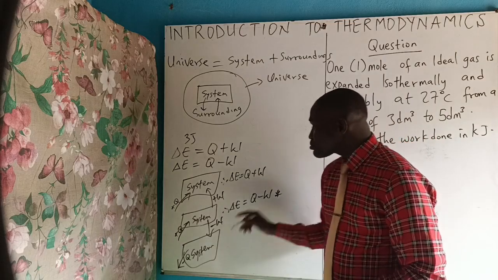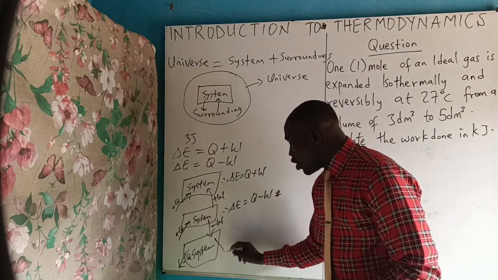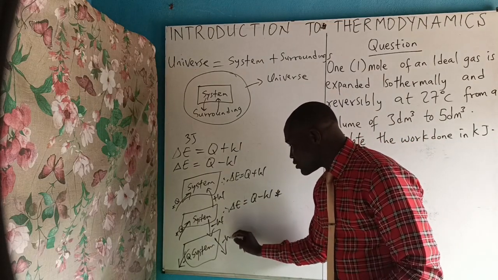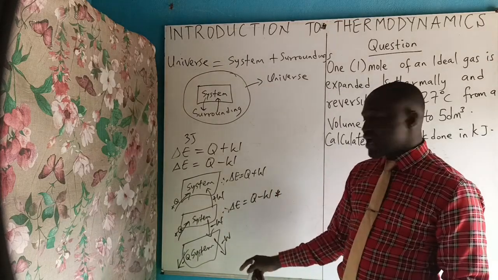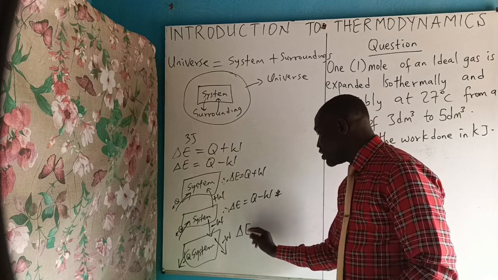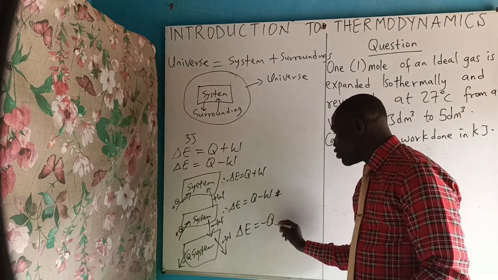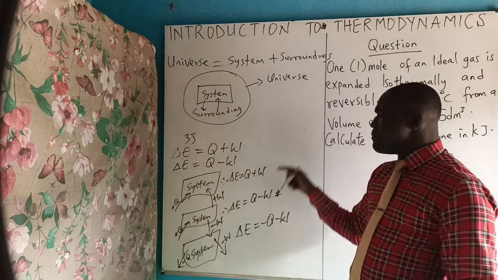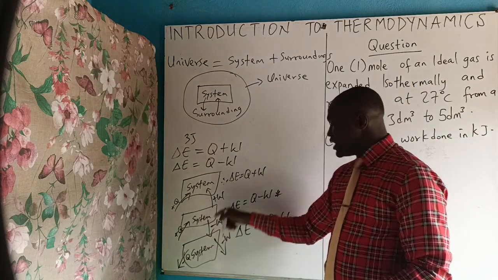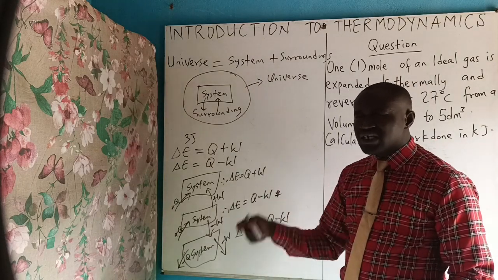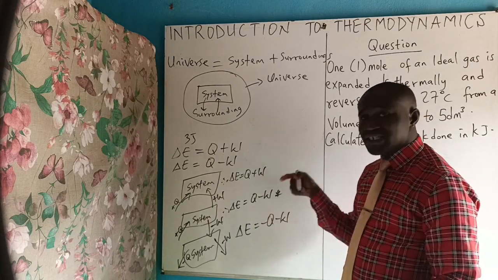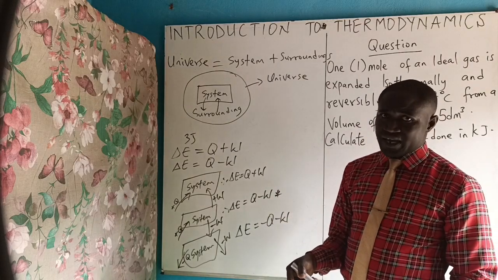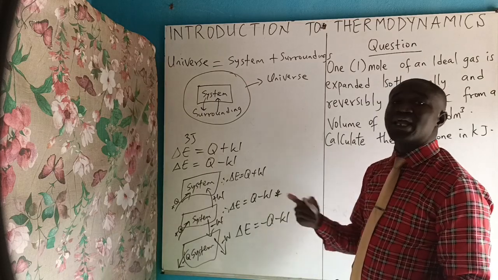And when it also performs work on the surrounding, so you have seen losing heat energy to the surrounding and performing work on the surrounding, you notice that change in E will be equal to minus Q minus W. That means that the system's internal energy will decrease the more. It will be negative. It will decrease more and more. I don't know if you're getting it, because this minus this will be negative.